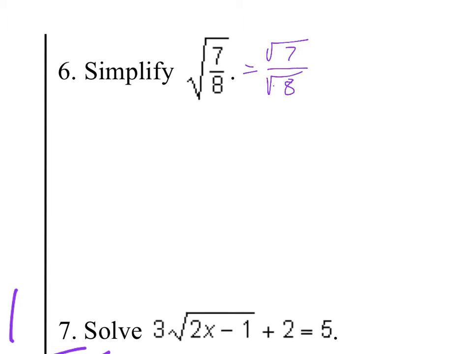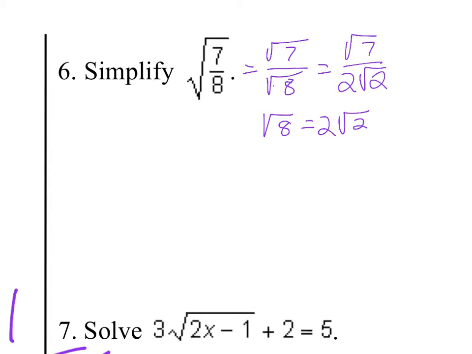To rationalize, well, first off, I have to recognize that 8 is... So we know that radical 8, that's 3 2's, right? It's 4 times 2, which becomes 2 root 2. So this is actually root 7 over 2 root 2.